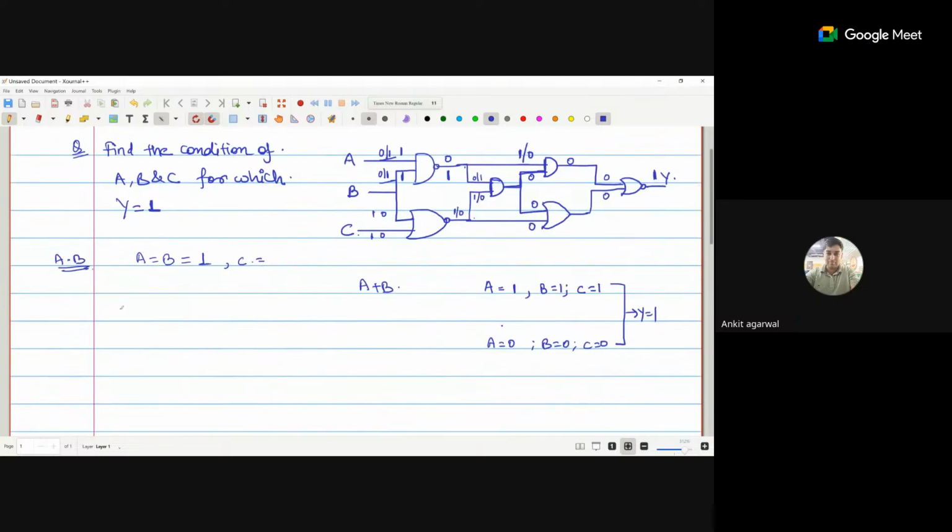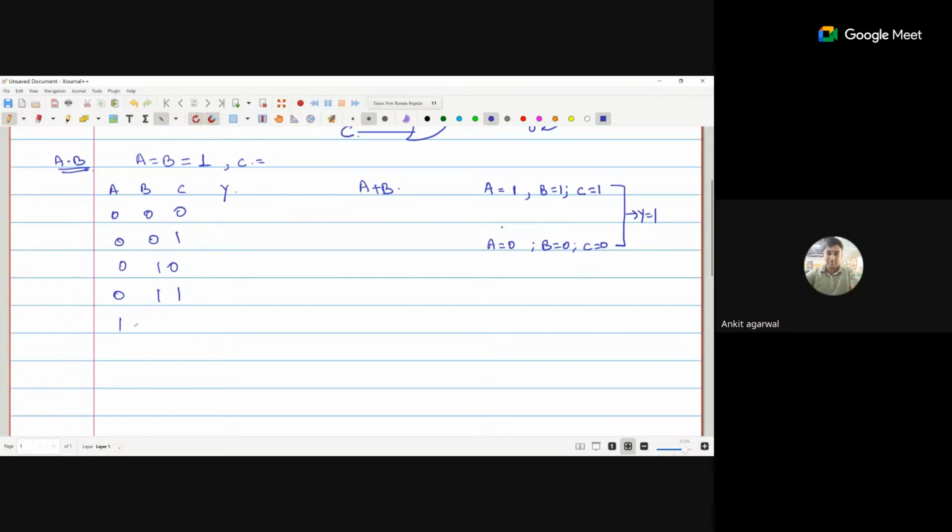Okay, we can verify this one by creating a truth table with A, B, C and Y. 0 0 0, 0 0 1, 0 1 0, 0 1 1, 1 0 0, 1 0 1, 1 1 0 and 1 1 1.